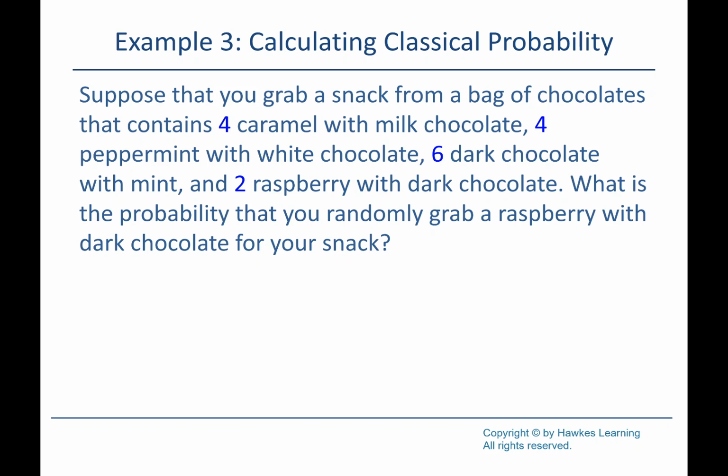It says, suppose you grab a snack from a bag of chocolates that contain 4 caramel with milk chocolate, 4 peppermint with white chocolate, 6 dark chocolate with mint, 2 raspberry with dark chocolate. What's the probability that you randomly grab a raspberry with dark chocolate for your snack?